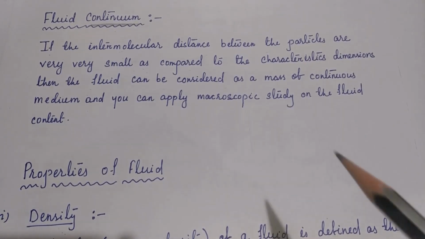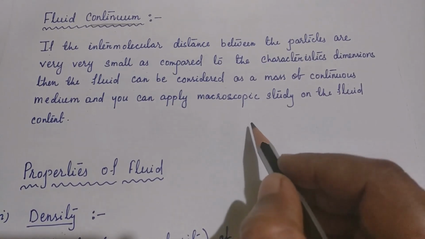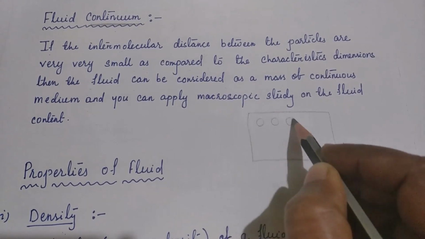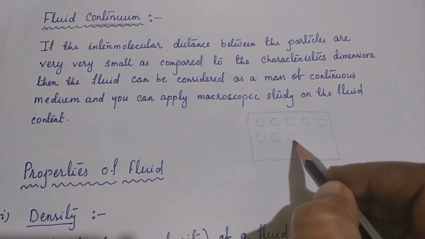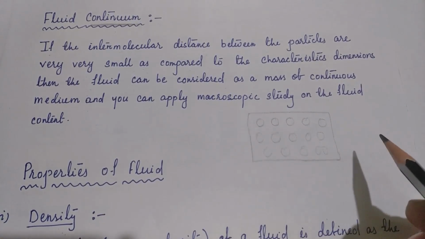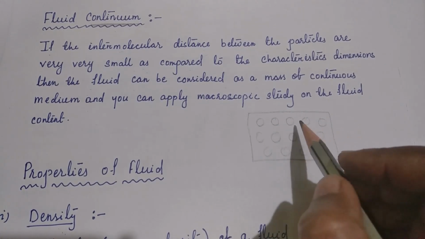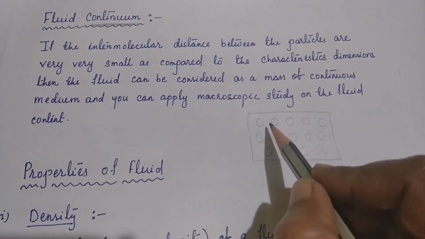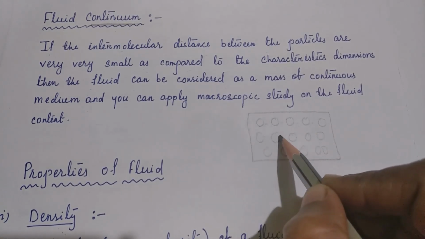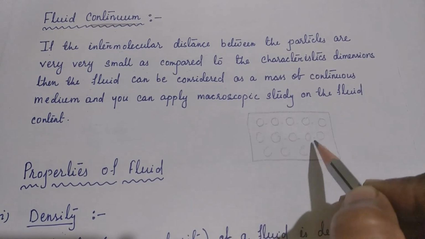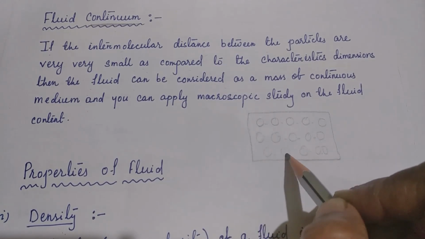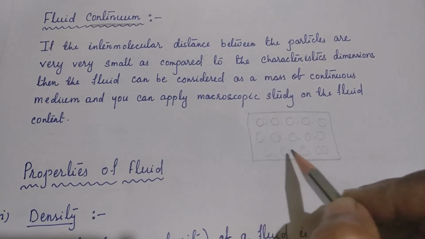Let us try to understand this in simple way. Let us assume any of the substance within which molecules are arranged in such a manner. Here, practically what we observe that there are voids present in between the molecules. These voids are assumed to be the intermolecular distance between the molecules. The intermolecular distance is very small.